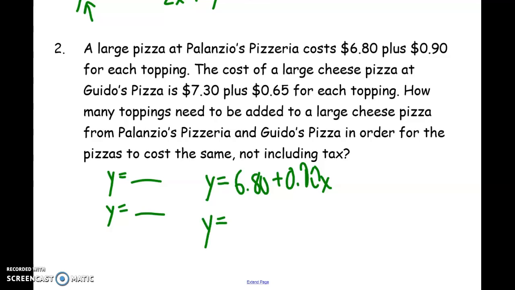Second pizzeria is $7.30 plus 0.65x, so 65 cents per topping. And then it's asking me to find how many toppings need to be added so that the cost is the same. Toppings represent x, so I need to solve for x.